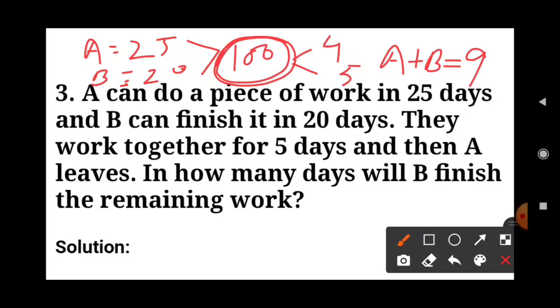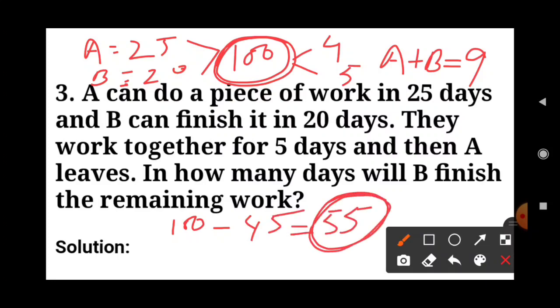So 5 9s are 45, so they had completed 45 units of work together. After completing 45, A leaves. So the remaining work will be 100 minus 45, which is 55. So these 55 units of work are to be completed by B alone.